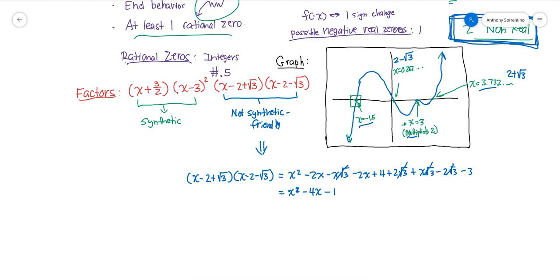Now I can say this is a factor, and this I will eventually long divide, because I can only do synthetic division with linear binomials with leading coefficients of 1. This is no longer that, but it would probably be a lot easier to use this than to use the linear binomials that happen to have irrational numbers as part of them.